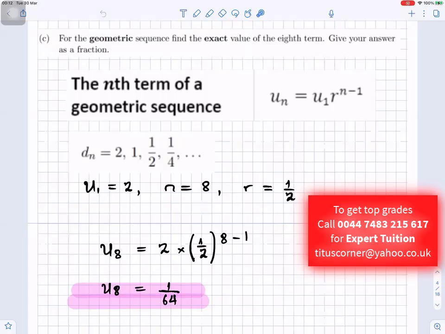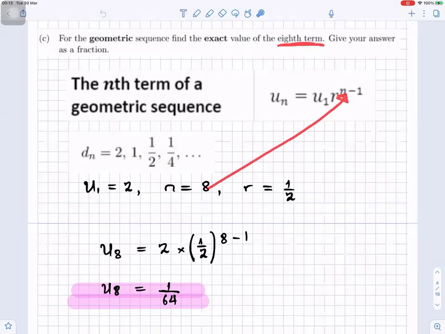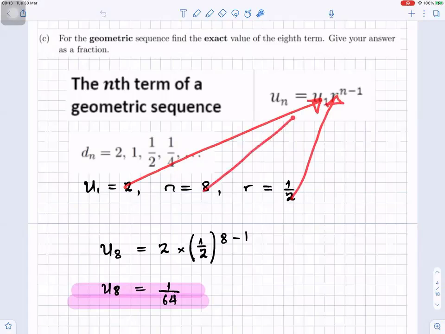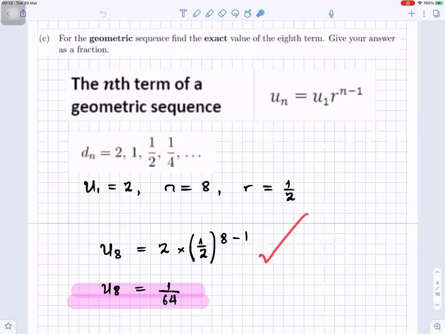And n, it says 8th term, so n is 8. Substitute those values: 2 for U1, a half for r, 8 for n. You can write it as 2 times a half to the power 8 minus 1. Put that in your calculator and you will get 1 over 64, which gives your answer as a fraction.